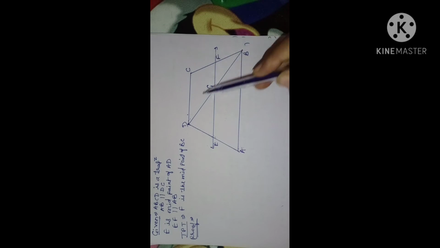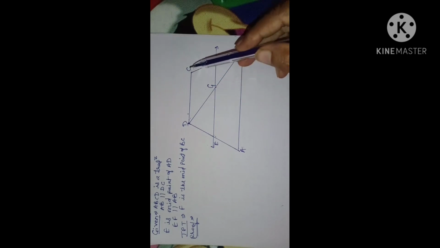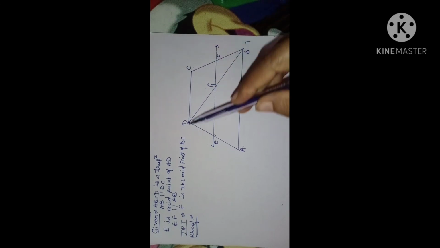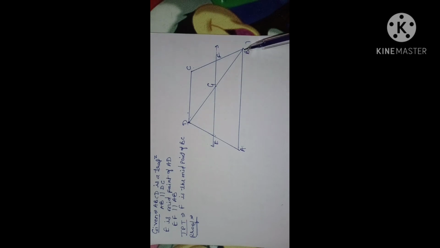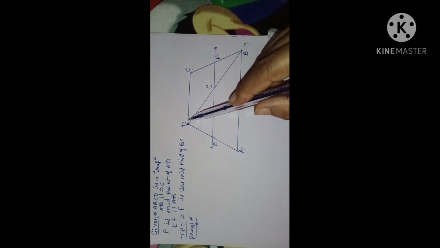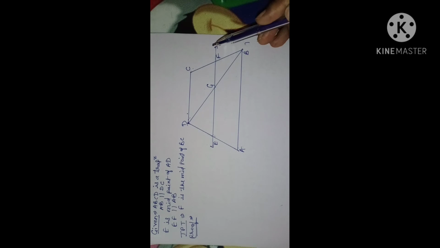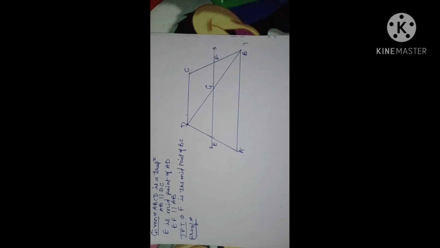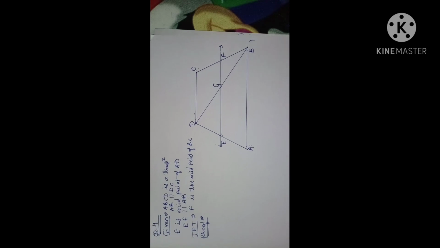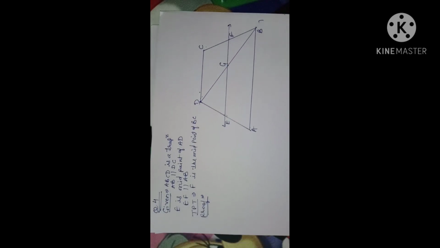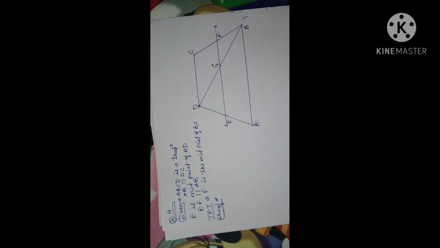That is, I can write GF parallel to CD. So in triangle BCD, G is a midpoint of BD proved above and GF is parallel to CD. So by converse of midpoint theorem, F is a midpoint of BC. That's it. Understood? This is very simple and a very important question, a favorite question of the examiner. So let's start proving.